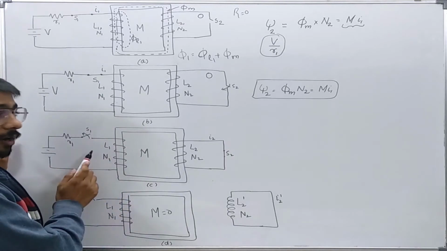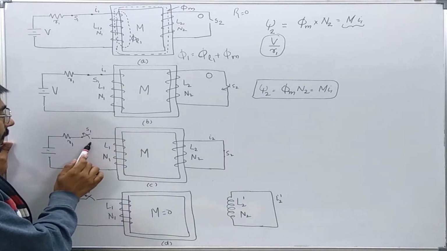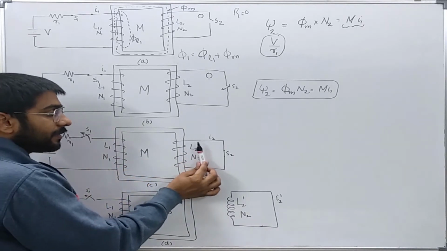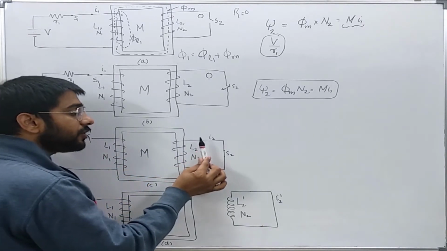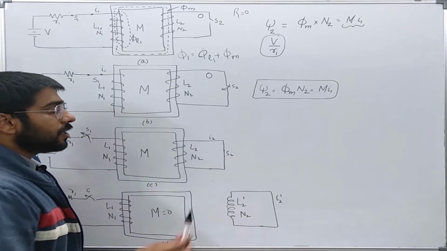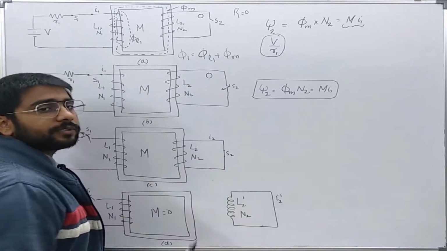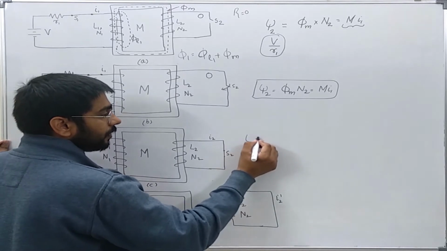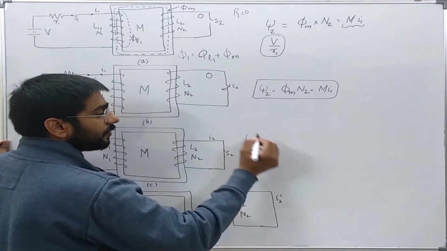Now what we are going to do, we are going to open the switch S1. Now you see, this circuit is a closed circuit with 0 resistance. Okay, so according to the theorem of constant flux linkages, the flux linkages will remain constant.